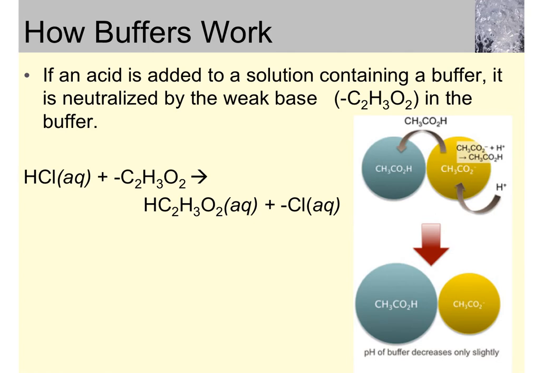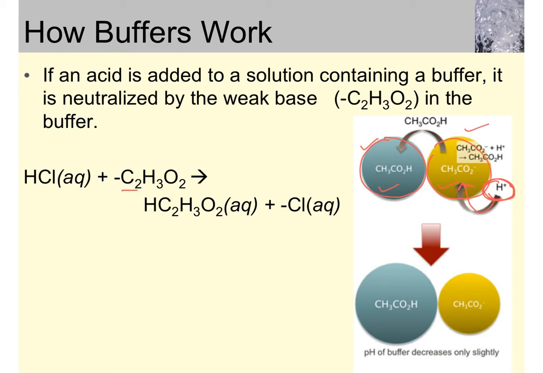Through that, if we were to add an acidic contaminant too, okay? So again, here's your buffer system. We're just assuming for argument's sake that it's acetic acid and its conjugate base acetate. Let's say now that we introduce an acidic contaminant, something with an acidic hydrogen. Which of these two buffer components will an acidic component react with? Well, of course, the base. But what does it make when an acid reacts with this base?